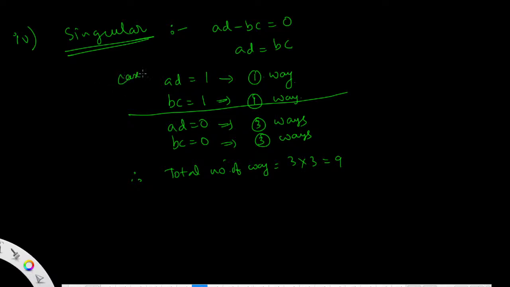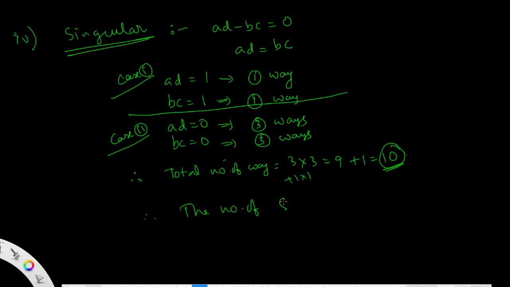Case 1 and this is case 2. 9 plus 1, that is total 1 into 1 plus 1 into 1. 9 plus 1, that is total 10 ways. Therefore, number of singular matrices equal to 10.